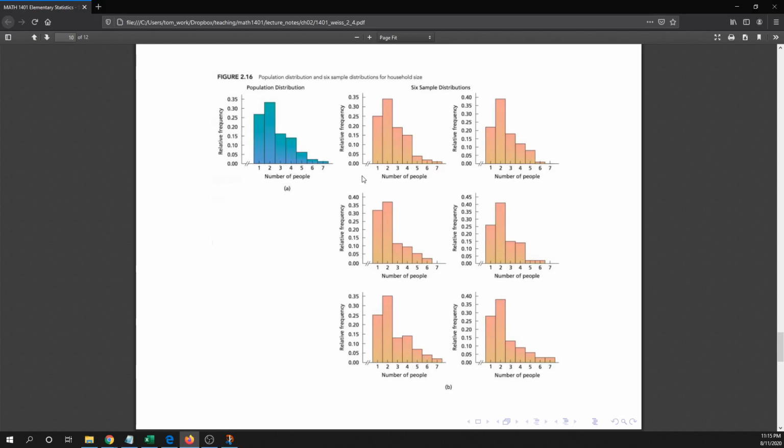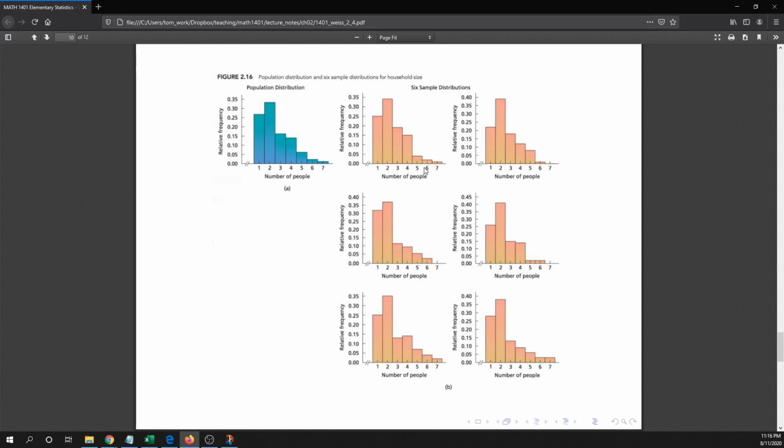All right, and so here I take a sample. It doesn't tell me the size of the sample that I take, but there are lots of different samples, probably way more than the 6 indicated here. There are many different ways that you could take samples, and for each way that you could take a sample, it's going to have its own distribution.